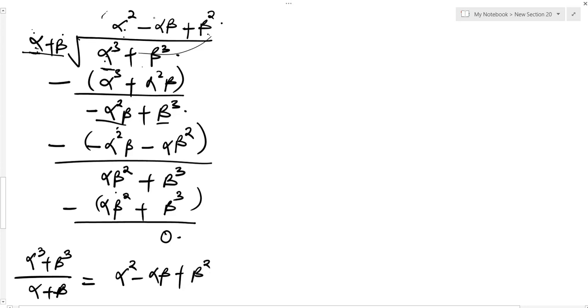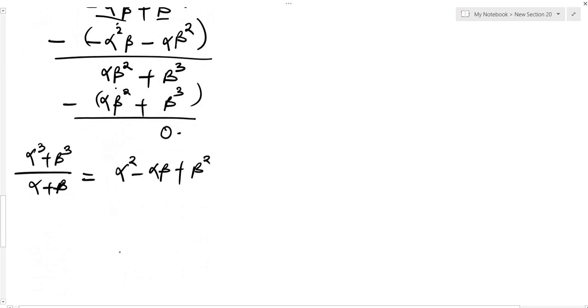This is the result. This is the answer, the quotient. It will now be equal to the quotient plus 0, so plus the remainder all over alpha plus beta. So this one is equal to 0.